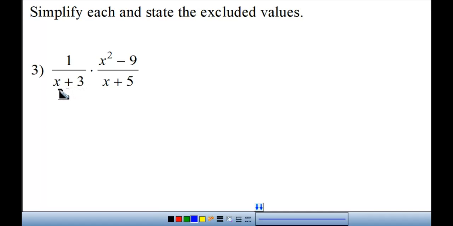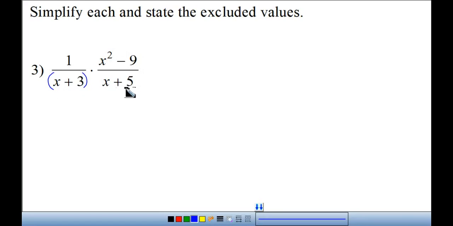And my third and final question, is this the sum or difference of 2 perfect cubes? No. If you answer no to all 3 questions, I want you to put parentheses around this binomial. The reason we do this is because these 2 terms cannot be separated or canceled individually. So the only way I can cancel this binomial is if I have another x plus 3. It's all or nothing.